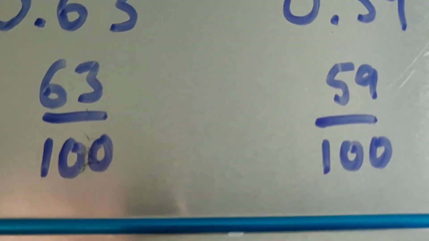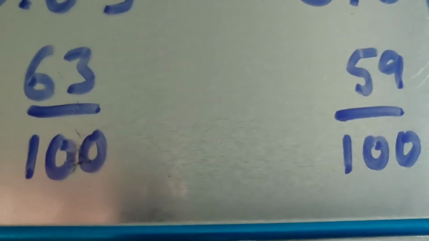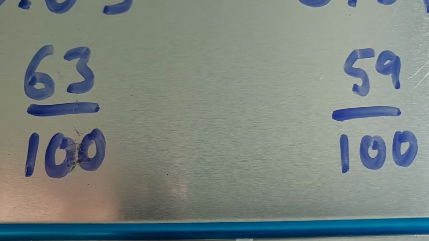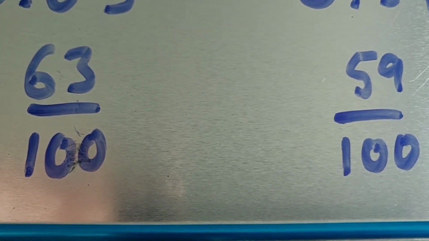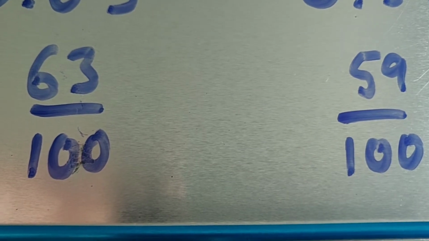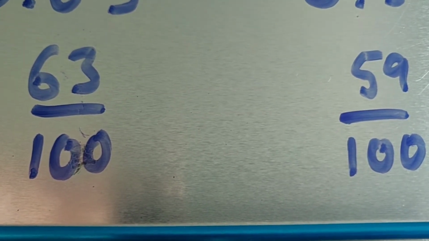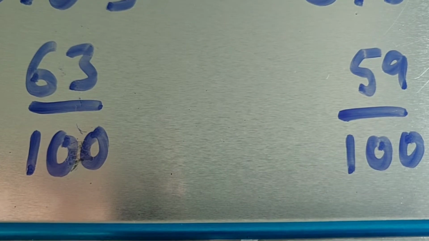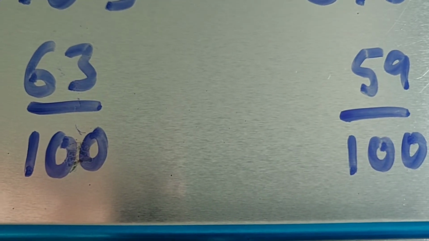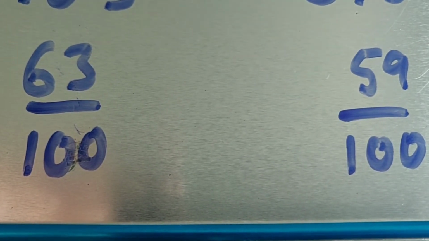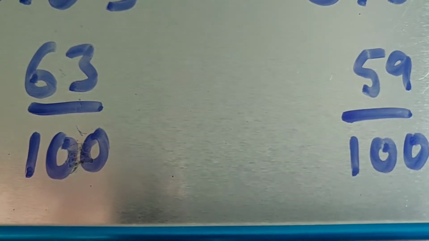So again, looking at 63 hundredths and 59 hundredths, the denominator is the same for both of them. They have a common denominator, so it's easy to compare them. 63 of the same size parts is greater than 59 of the same size parts, and we know they're the same size because both wholes are divided into 100 equal parts.